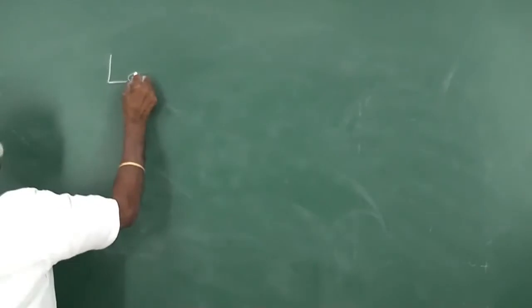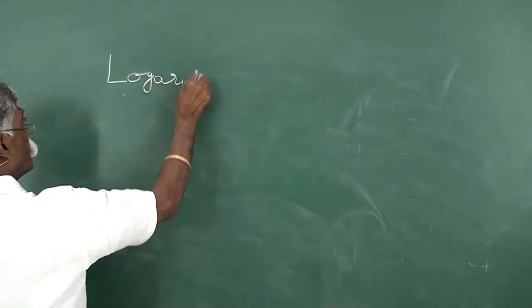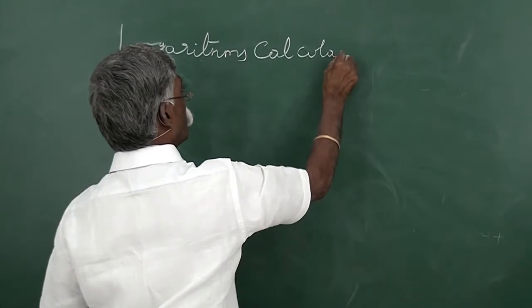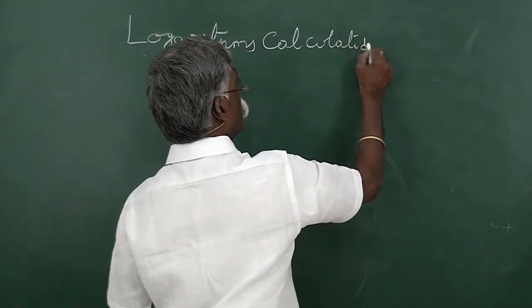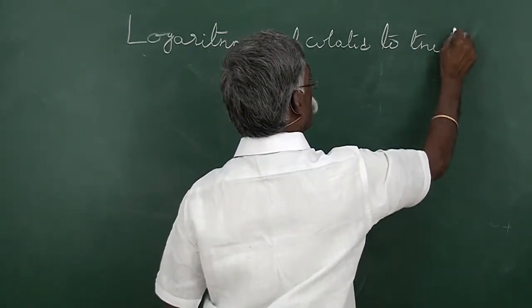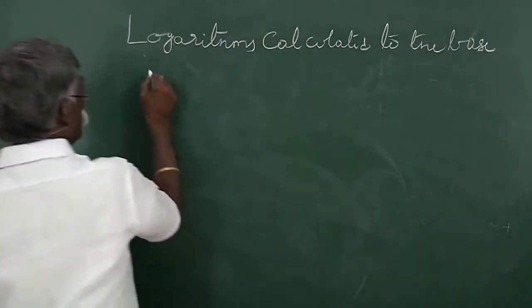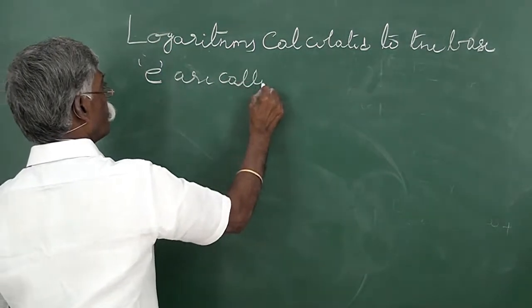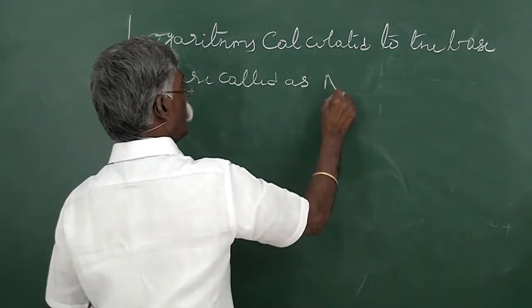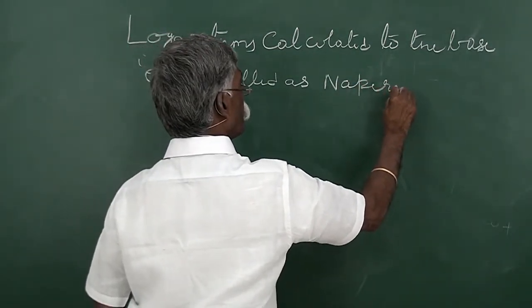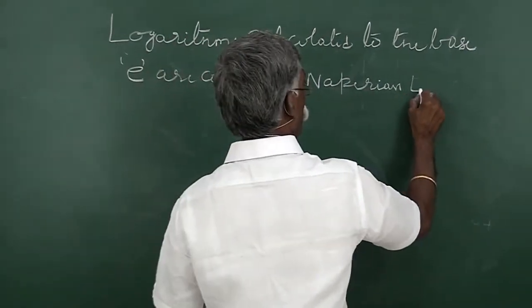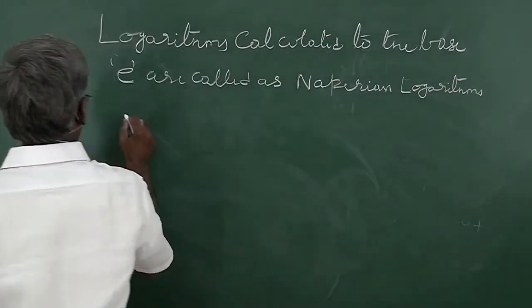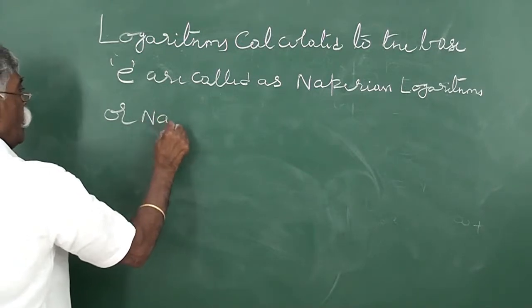So therefore logarithms calculated to the base e are called Naperian logarithms or natural logarithms.